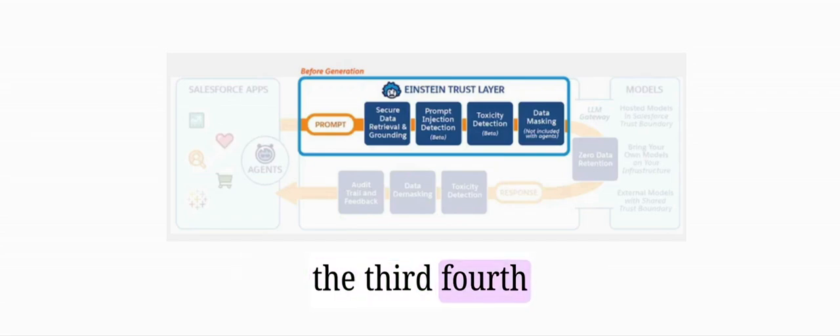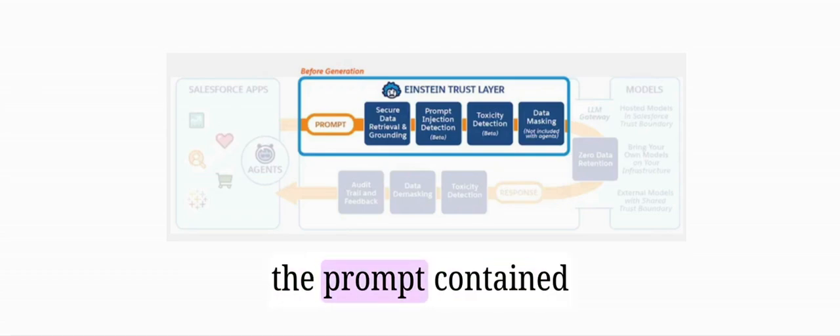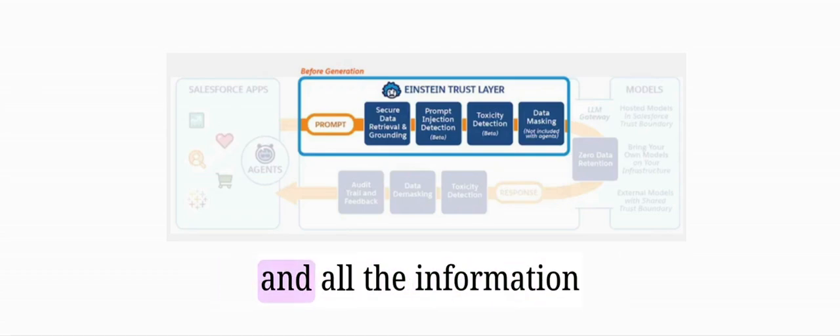Now the fourth is data masking. Data masking is probably the coolest feature, I would say. Suppose the prompt contains a customer name, phone, email, and other information.